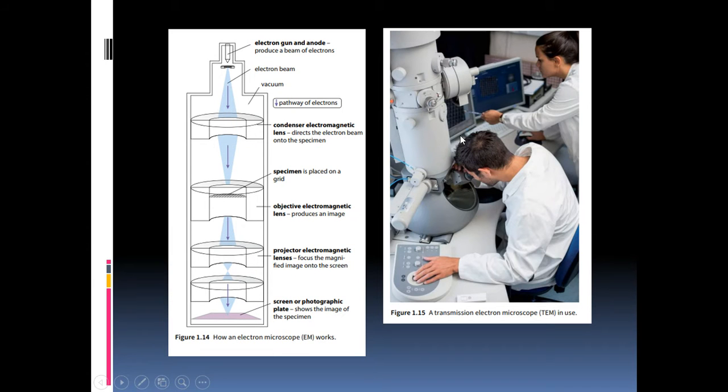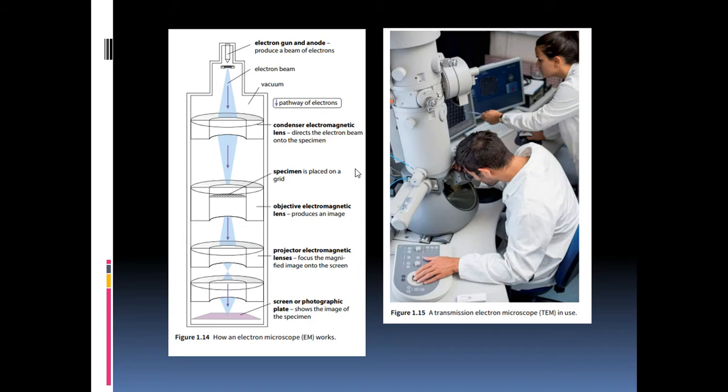So the working principle of the electron microscope is a bit different from the light microscope. In the light microscope, the source of radiation is visible light, while in the electron microscope, like what I said just now, the source of radiation is electrons.